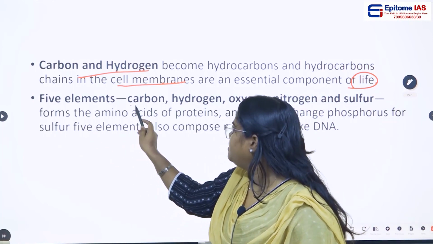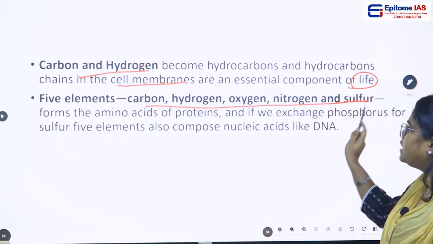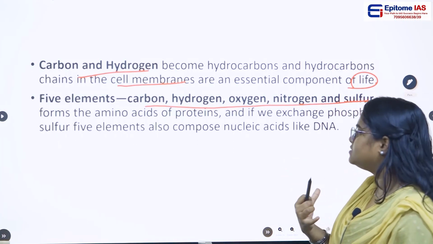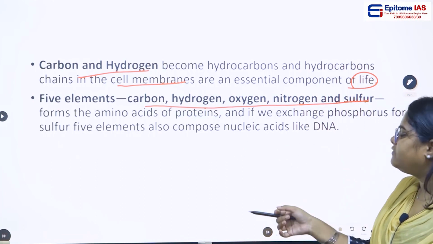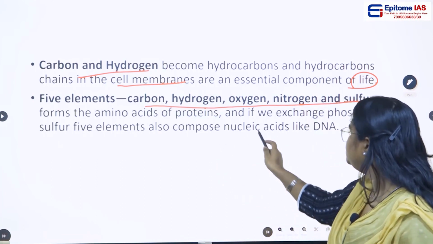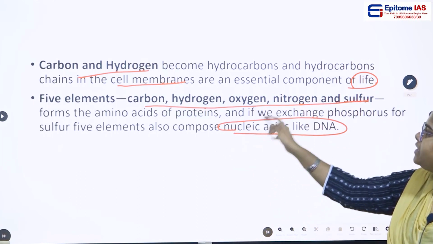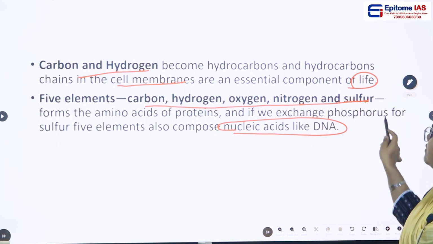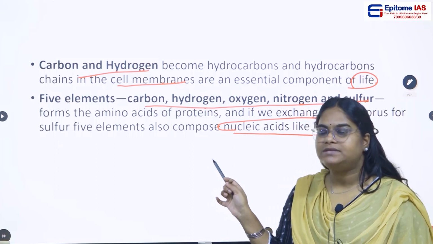Then these 5 elements: carbon, hydrogen, oxygen, nitrogen and sulfur. Sulfur forms amino acids of protein, and if we exchange phosphorus for sulfur, these 5 elements also compose nucleic acids like DNA. So these 5 elements are very important for the survival of any organism.